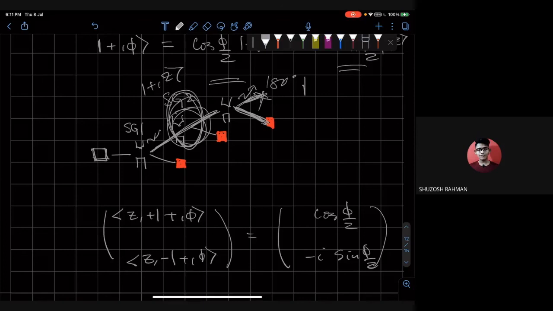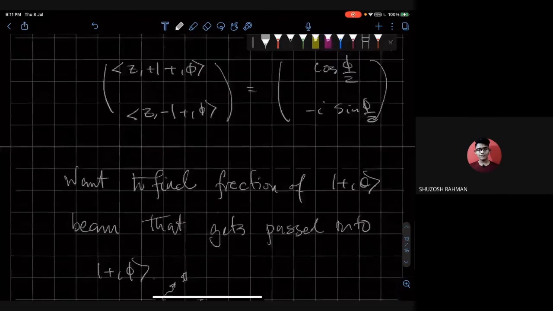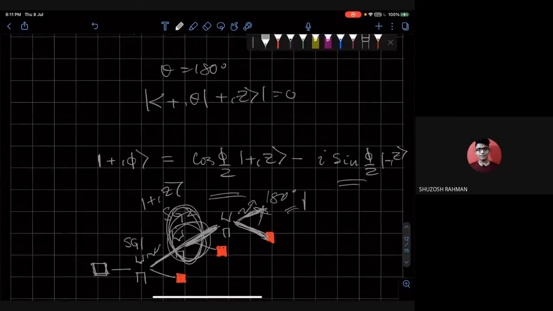So the fact that we are putting a magnet at 90 degrees in between suddenly makes it non-zero, because then we suddenly have in between a state which is again a linear combination of spin up and spin down.